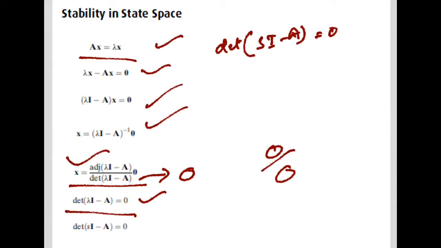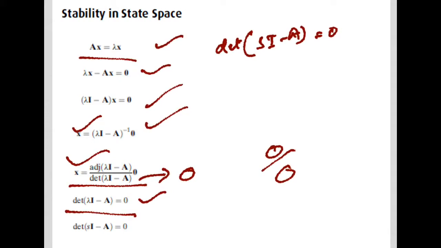These lambdas are known as the Eigen values, and x is the Eigen vector that we have already discussed. x is the Eigen vector and lambda is the Eigen value of the matrix A.